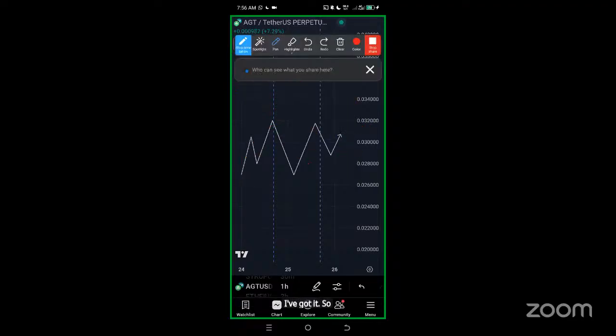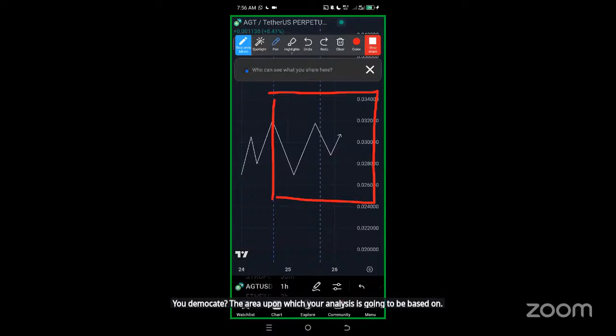So this is the area. One, you demarcate the area upon which your analysis is going to be based. Two, locate the market price, the current market price, or the point at which the price is at the moment.